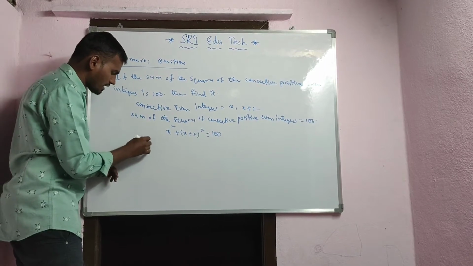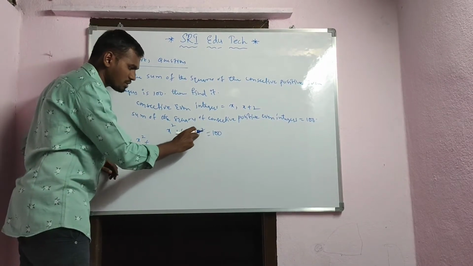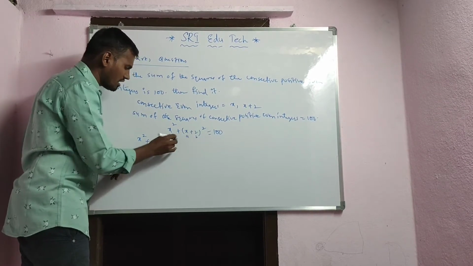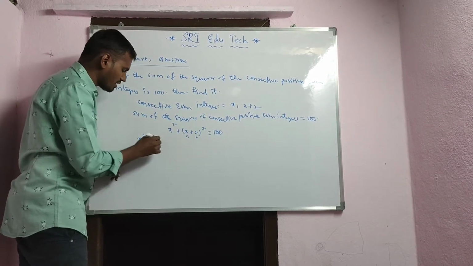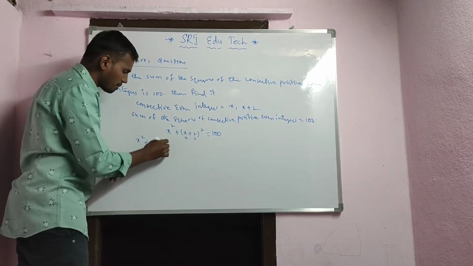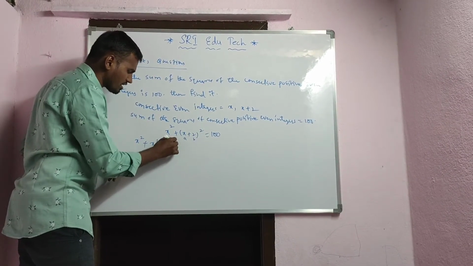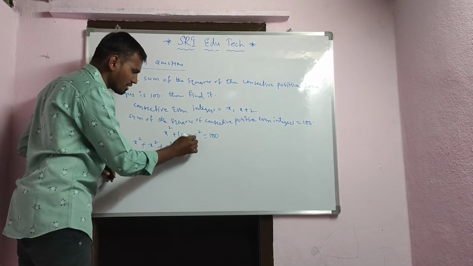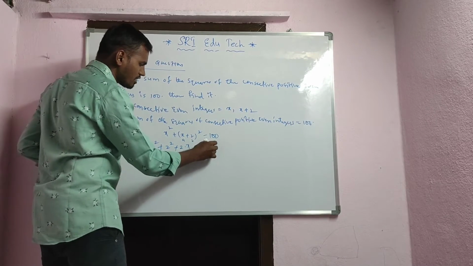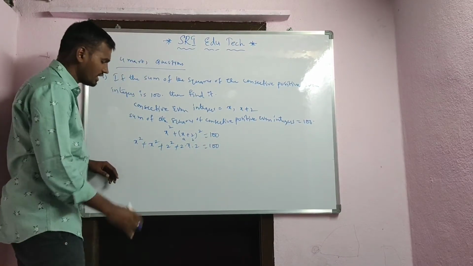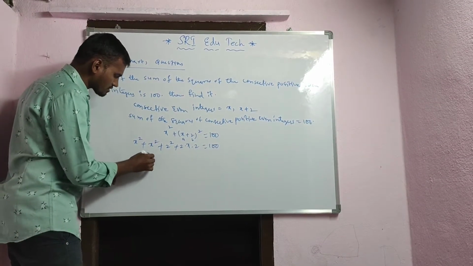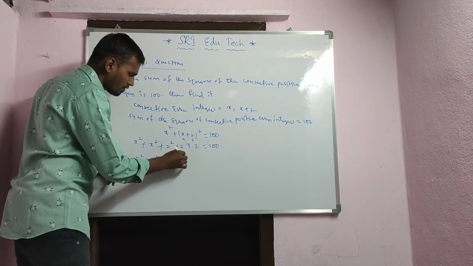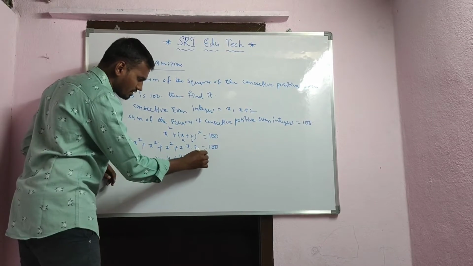x square plus, it is in the form of a plus b whole square. Here a means x, b means 2. a plus b whole square is a square plus b square plus 2ab, that is x square plus 2 square plus 2 into x into 2, is equal to 100. So x square plus x square plus 4 plus 4x is equal to 100.